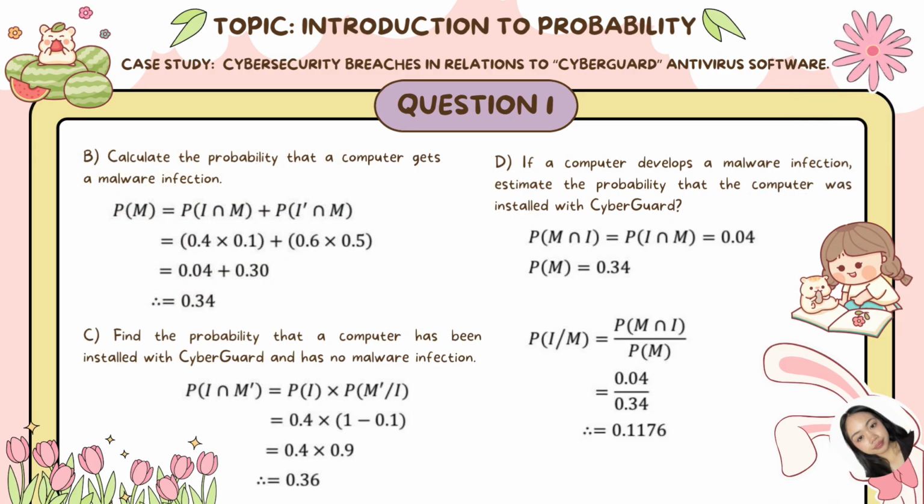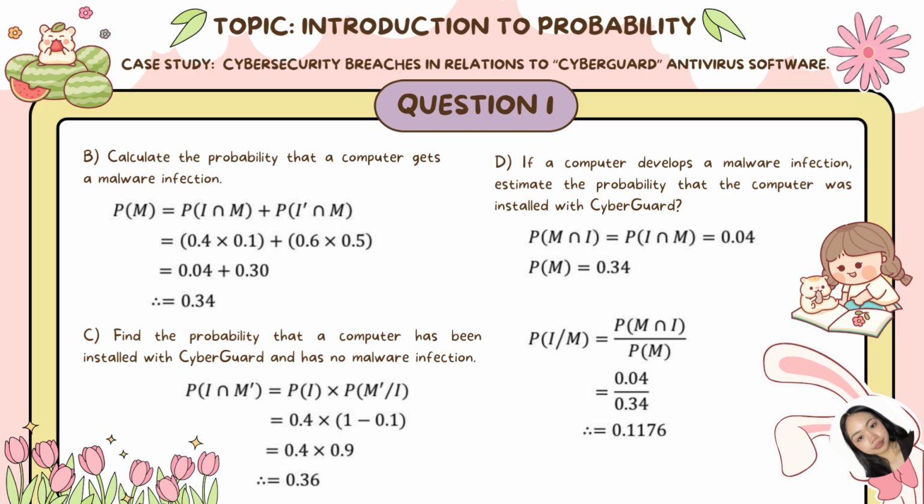Question B. Calculate the probability that a computer gets a malware infection. Use the formula: probability CyberGuard is installed intersection getting malware infection plus probability CyberGuard is not installed intersection getting malware infection.